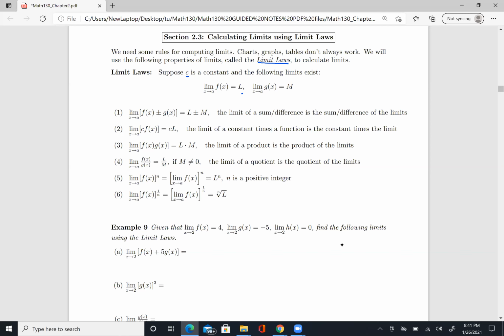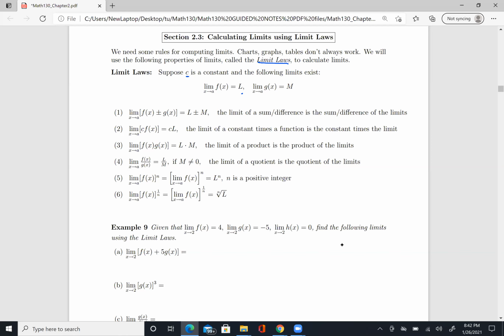And then the limit of f(x) to the power n when x approaches a: you can take the parenthesis outside of the limit and put the power n on everything, and it is equal to L to the power n, with n a positive integer.